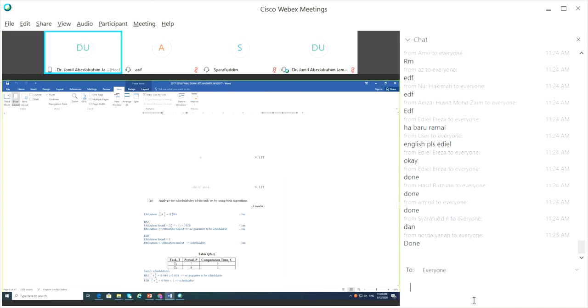Utilization for RM should be equal to or less than the utilization bound. In this case, 0.948 is more than the utilization bound, 0.828, so there is no guarantee to schedule. For EDF, the utilization bound equals 1. Our utilization is less than 1, so it can be scheduled by EDF, but not by rate monotonic.